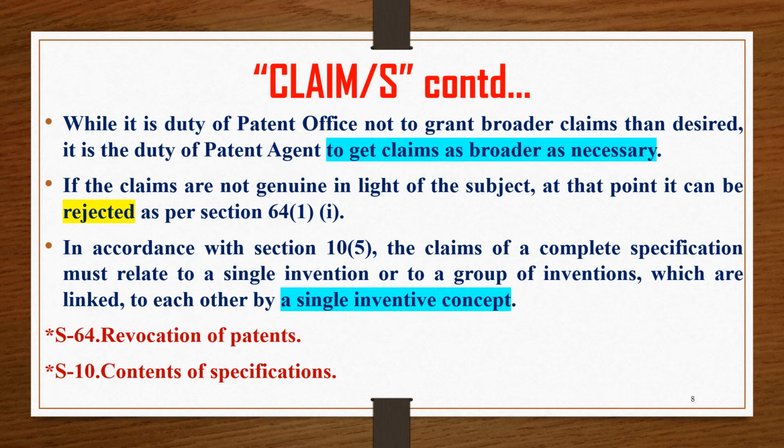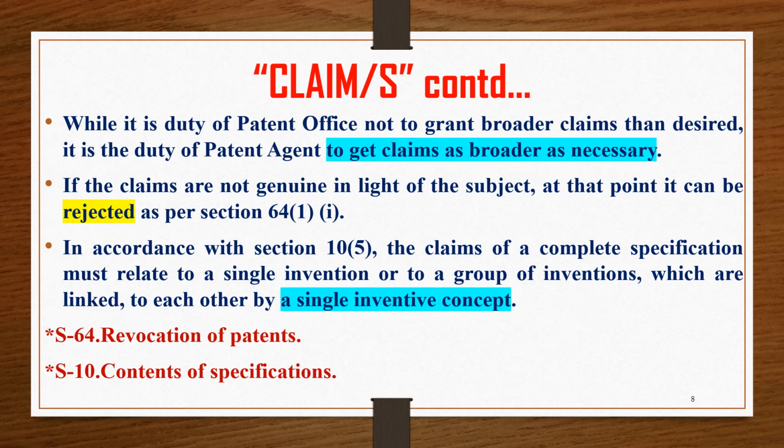Here I would like to recite the exact clause. Just listen carefully: that the scope of any claim of the complete specification is not sufficiently and clearly defined, or that any claim of the complete specification is not fairly based on the matter disclosed in the specification.